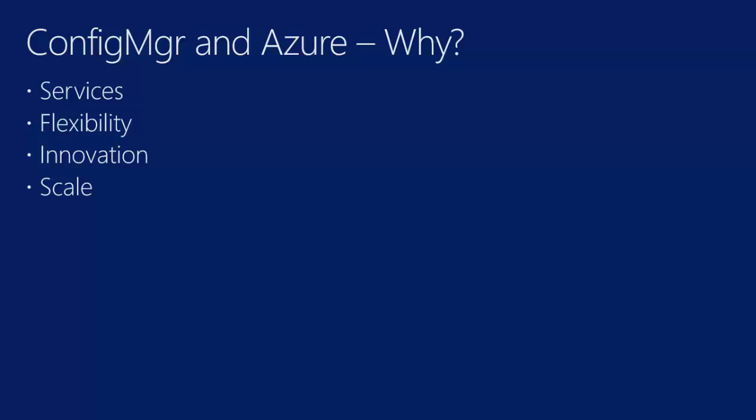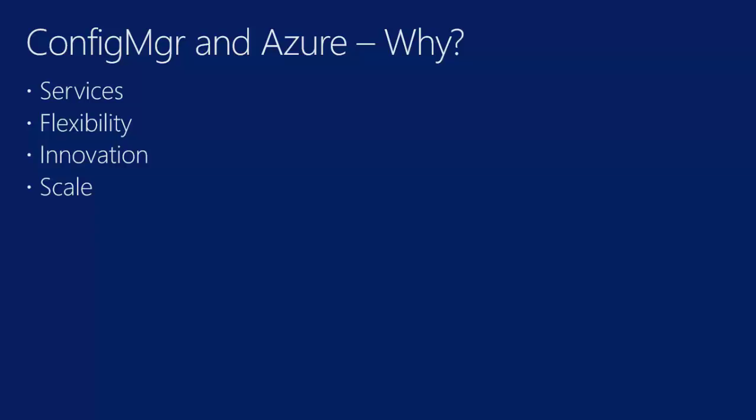Basically, the combination of ConfigMgr and Azure gives you the ultimate flexibility, the ability to make the best choice to fit your needs, right? Again, you could decide to build and manage ConfigMgr on-prem, and just manage your clients on-prem if that works for you, and still be able to take advantage of some of the cloud services that we'll detail in the session.